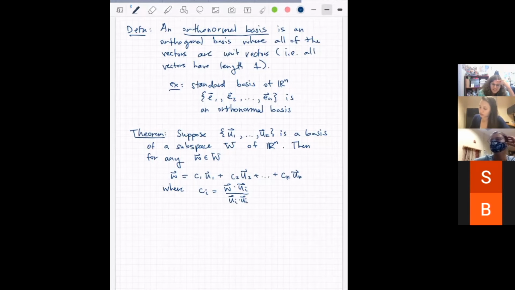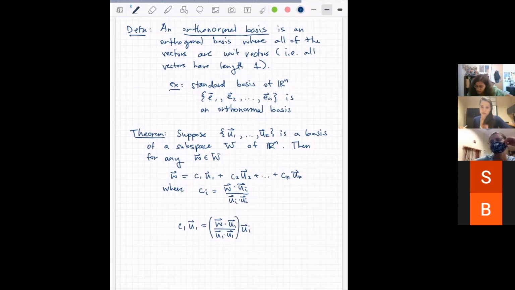Right. Okay, so let's just look at C1 times U1 in particular. That's W dot U1 over U1 dot U1 times U1. This is just the definition that we had for C1.